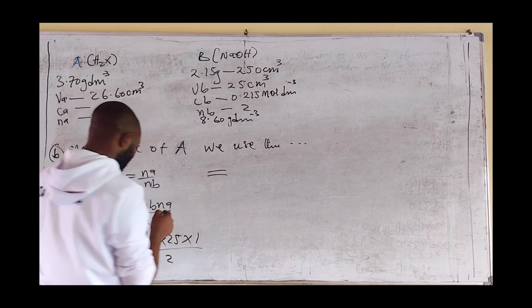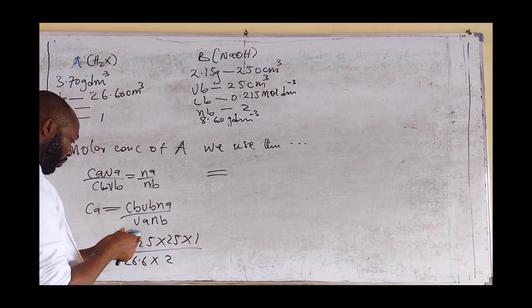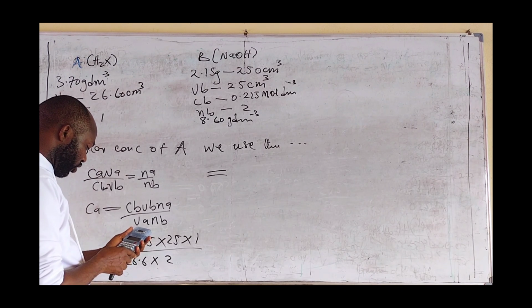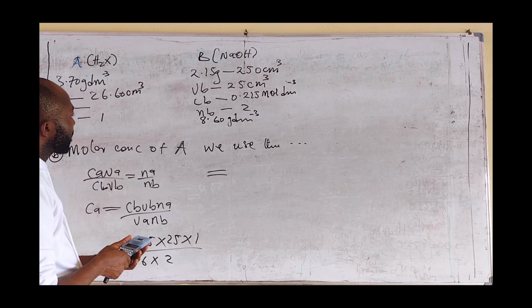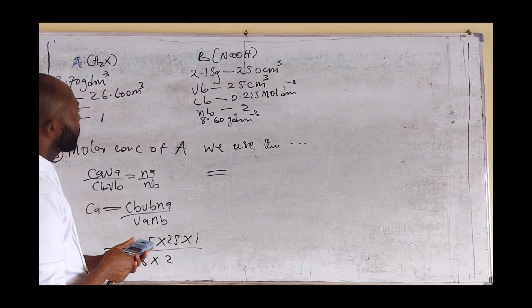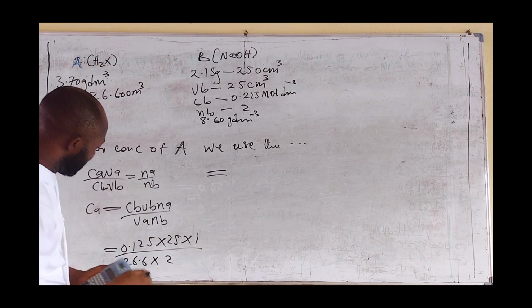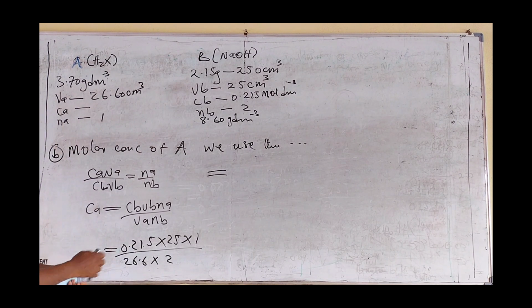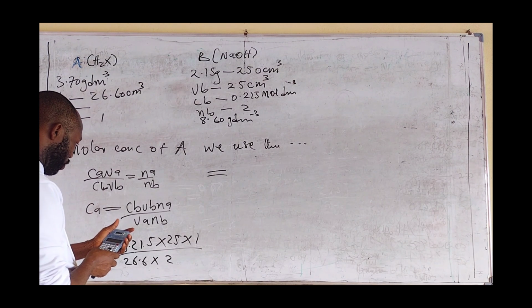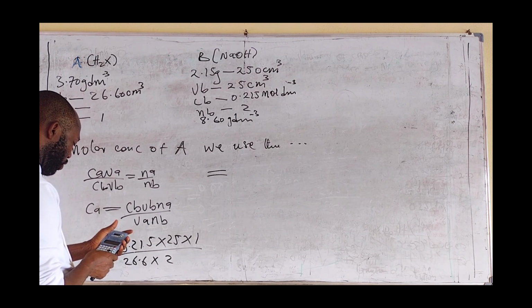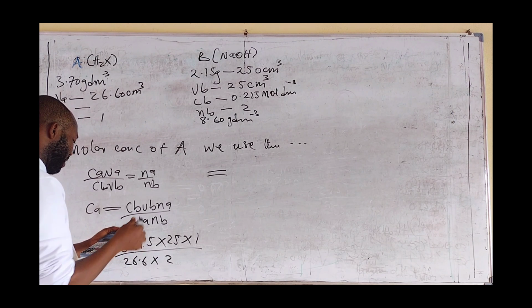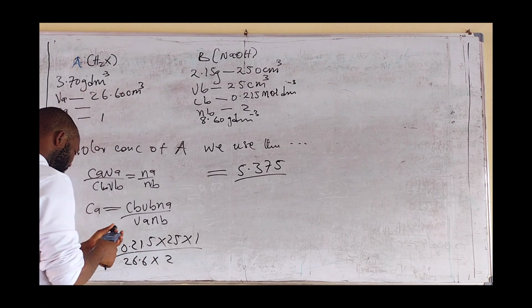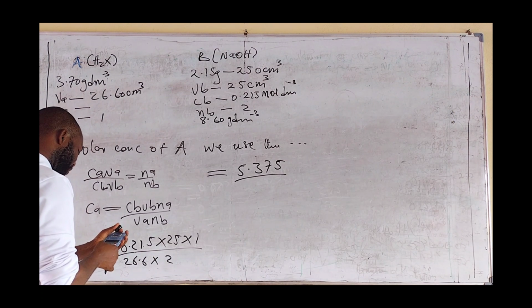This is equal to, the concentration, I think 0.125, sorry, 0.215, not 0.125. 0.215 times 25 is equal to 5.375. 5.375 divided by 26.6 times 2.